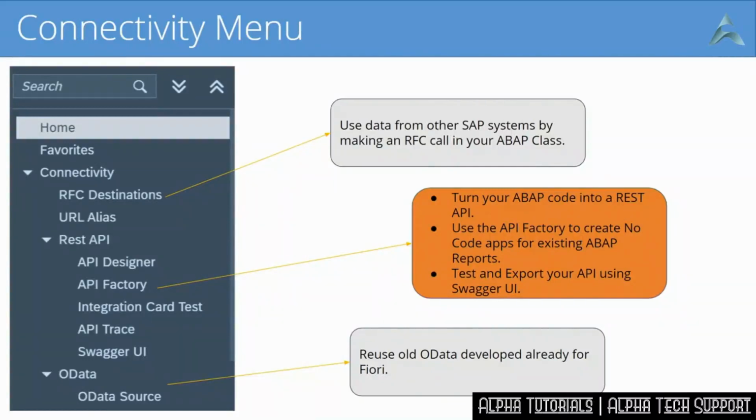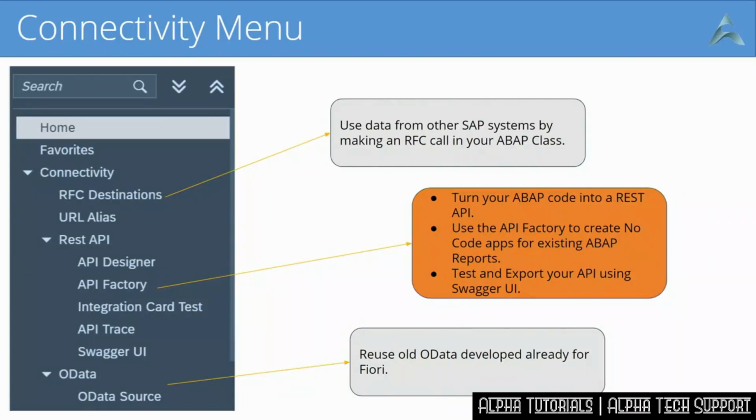Okay, the third and final connection option is OData. And I talked a little about OData when we talked about the architecture differences between Fiori and Neptune. Neptune does not require OData. Fiori does require OData because it requires the gateway services for the front end and the back end to communicate with each other.